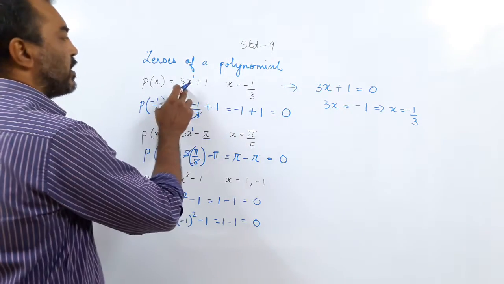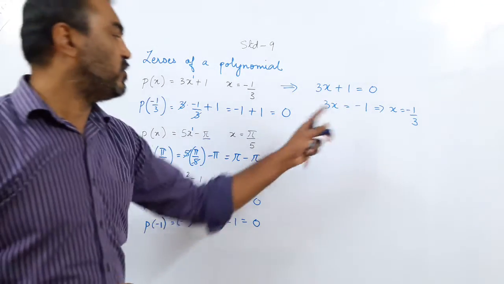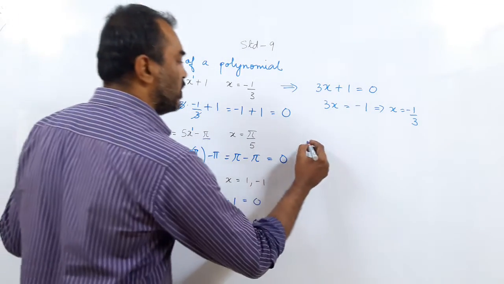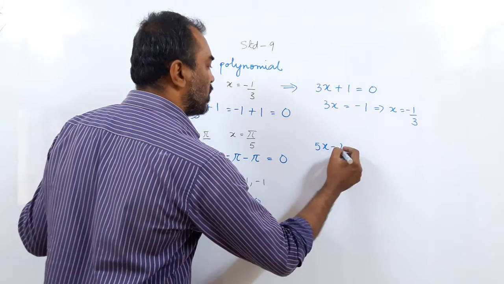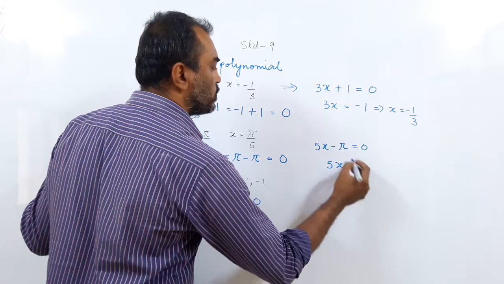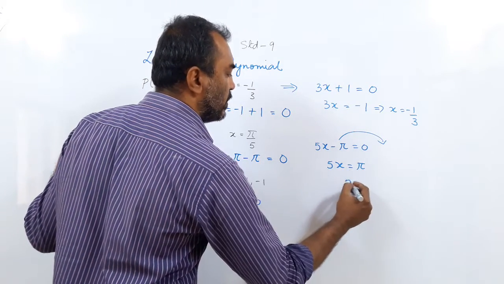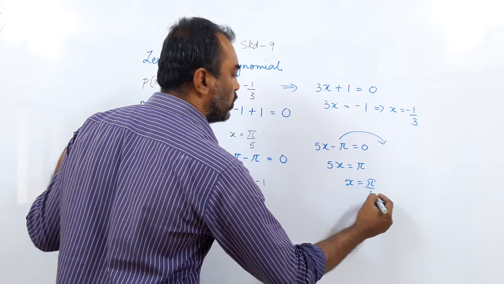So here we only check, but here we found the answer that there is only one answer, x equal to -1/3. In the same way here, if 5x minus pi is equal to 0, then 5x equal to minus pi goes here, becomes plus pi, 0 plus pi is pi, and x equal to pi upon 5.